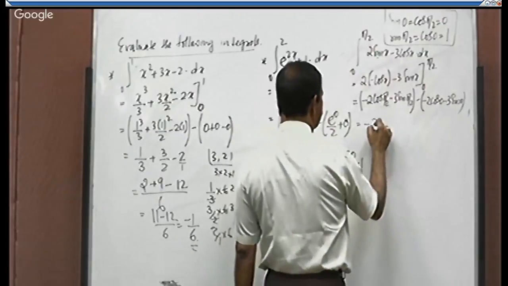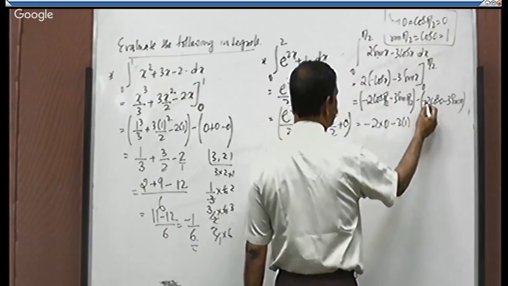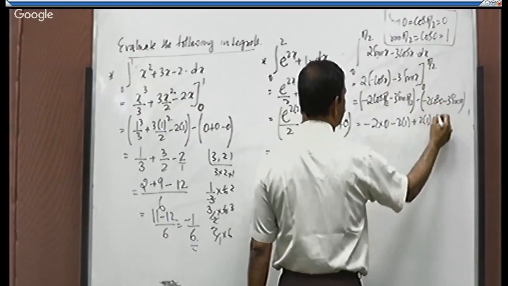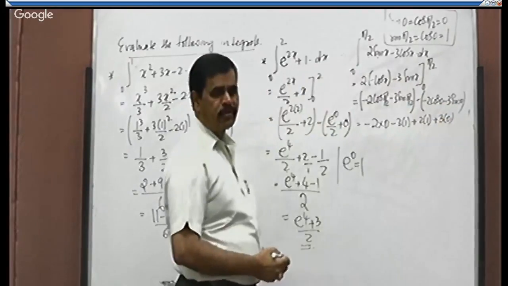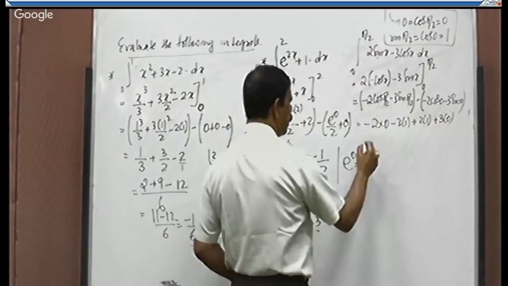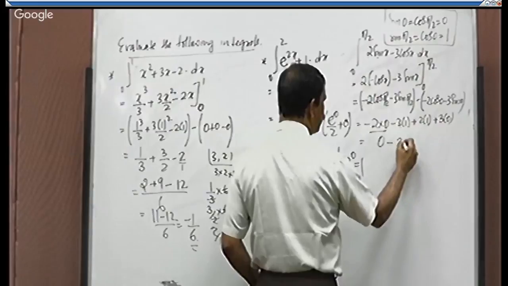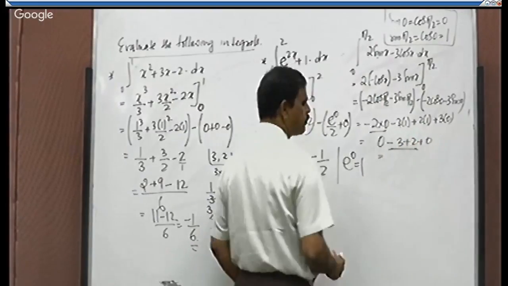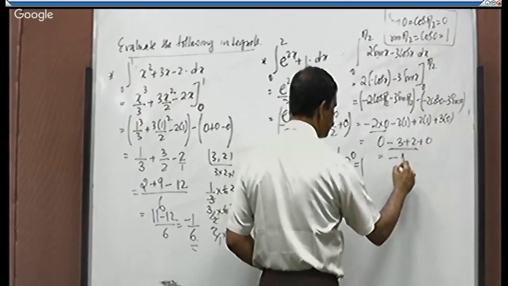So minus 2 into cos 90, 0, minus 3 into sin 90, 1, minus into minus plus 2 into cos 0 is 1, minus into minus plus 3 into sin 0 is 0. Okay, it is 0 minus 3 into 1, 3, plus 2 plus 0. So we have only this: minus 3 plus 2, which is equal to minus 1.